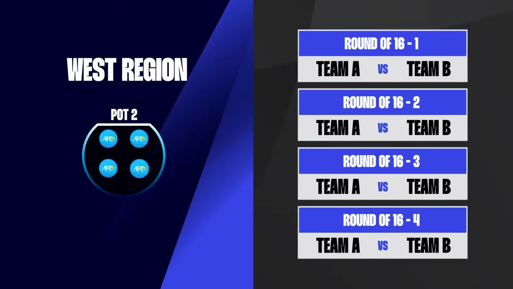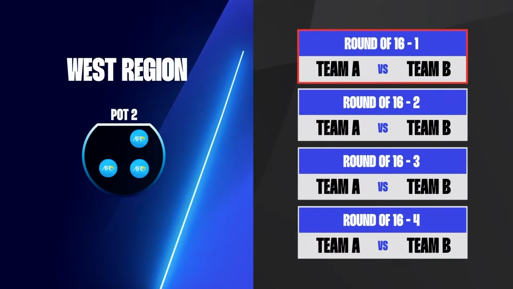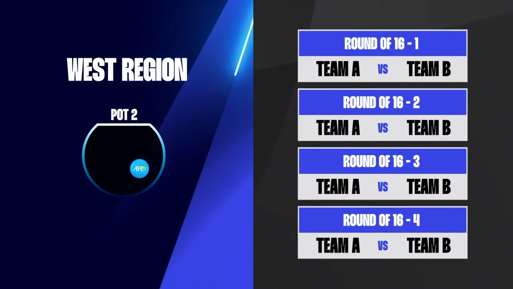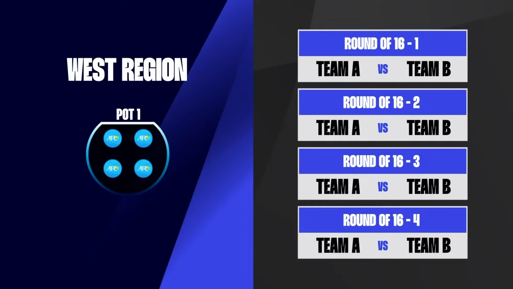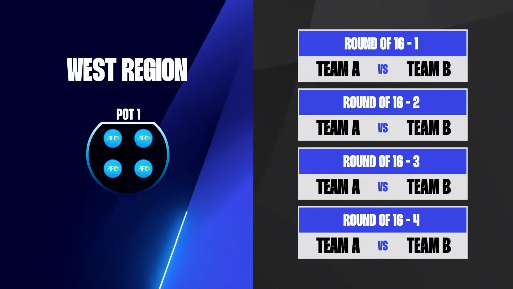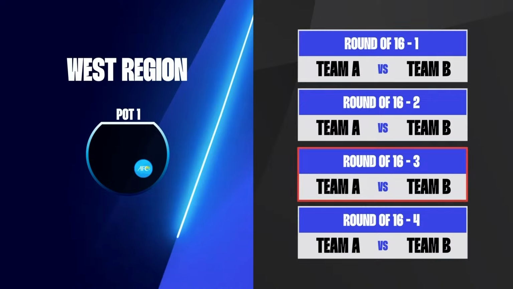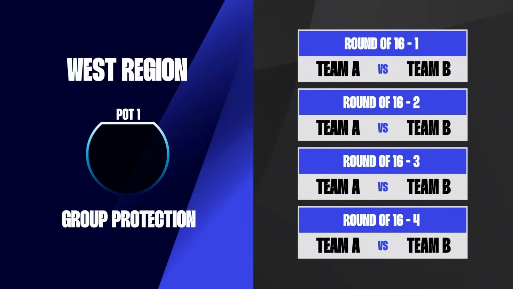Participating clubs from Pot 2 will be allocated as Team A of each pairing in the round of 16 in the order of round of 16-1, 16-2, 16-3, and 16-4. Subsequently, participating clubs from Pot 1 will be allocated as Team B of the first possible pairing in the round of 16 in the order of round of 16-1, 16-2, 16-3, and 16-4, taking into consideration the group protection principle.